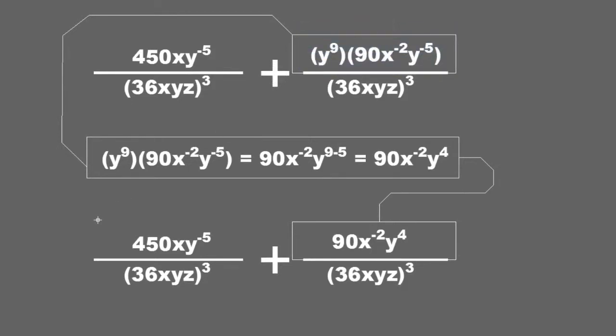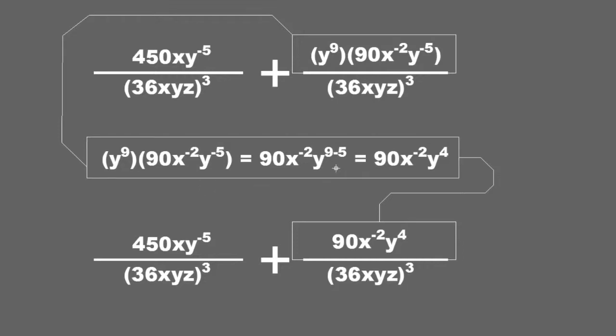Same thing, y with an exponent of 9 multiplied by 90, x exponent -2, y exponent -5. I multiply the numbers, but I only have the 90, so it just stays the same, 90. The x, I only have one x, so it stays x with an exponent of -2. And I have two y's, y exponent 9 and y with exponent -5.